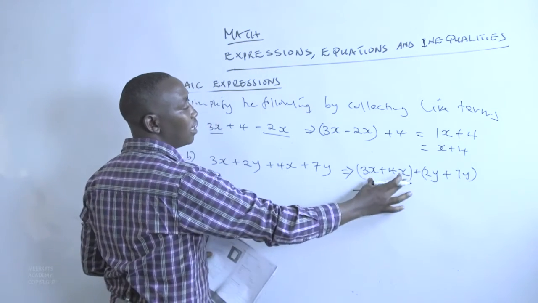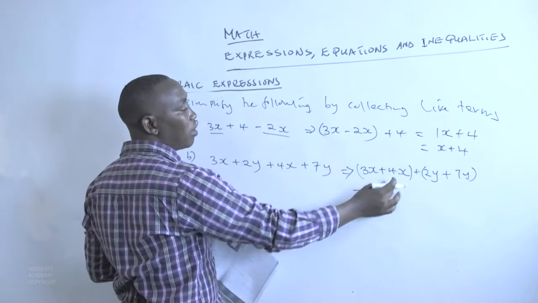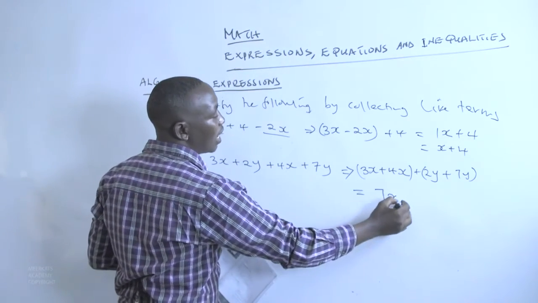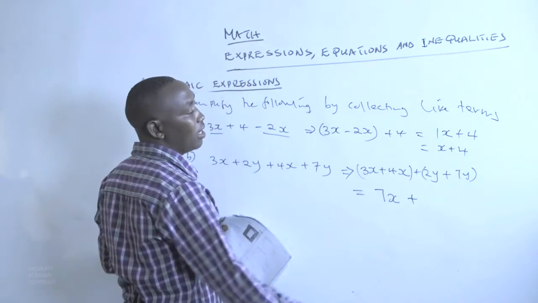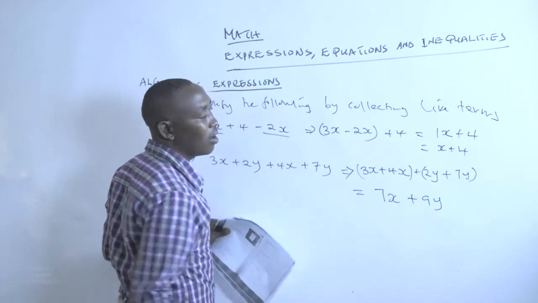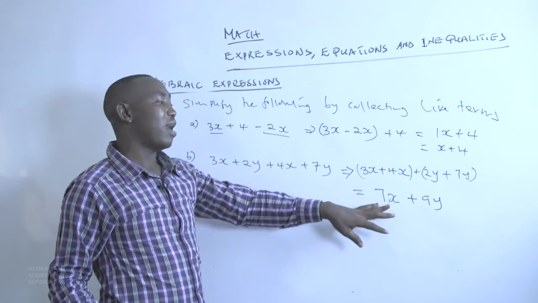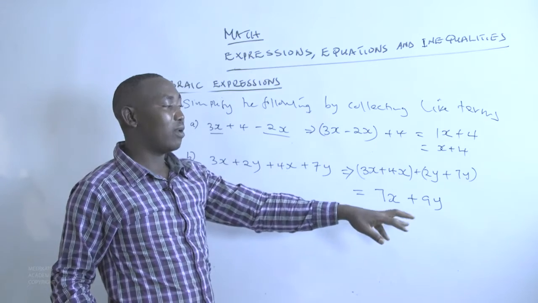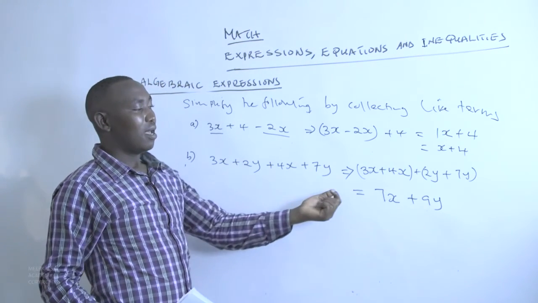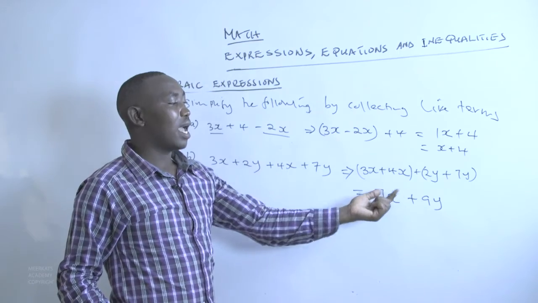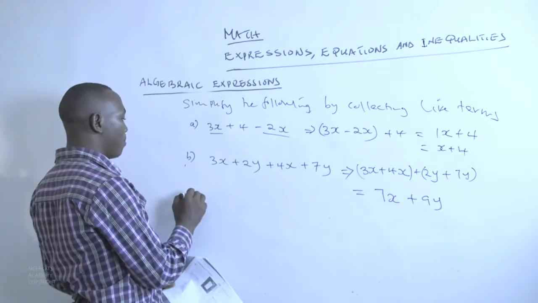When we add 3x plus 4x, you get 7x. Added to 2y plus 7y, you get 9y. Now you cannot proceed further because 7x and 9y are unlike terms, because x and y are not the same.